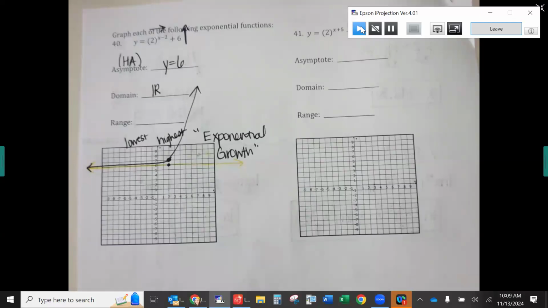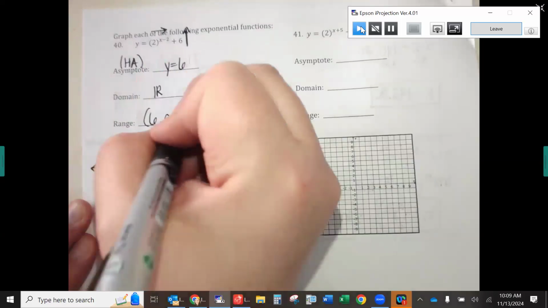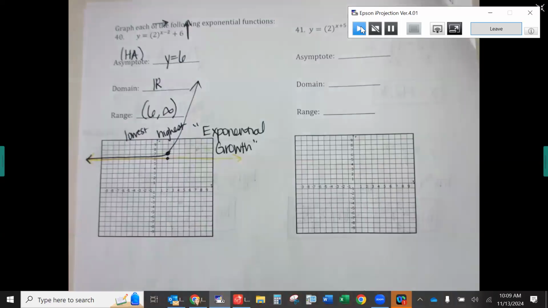Now, how high can it go? Infinity. So your range is going to be 6 to infinity, parentheses on both sides. And remember, we use a parentheses on the 6 because you can't actually get to 6 because of that asymptote. Okay? So you'll do 41 the same way. It's your exponential growth graph. The number with x moves it side to side. The number at the back moves it up and down.